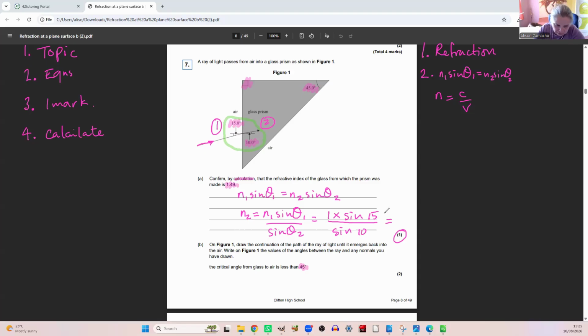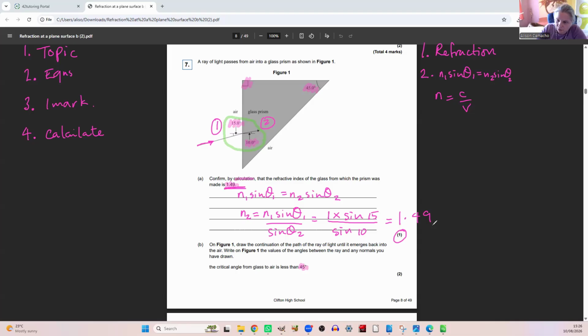Please check that your calculator is in degrees. So I've got sine of 15 divided by sine of 10, and I end up with 1.49. Now I need to put in an extra significant figure more than they've given us, because this is a show that question.